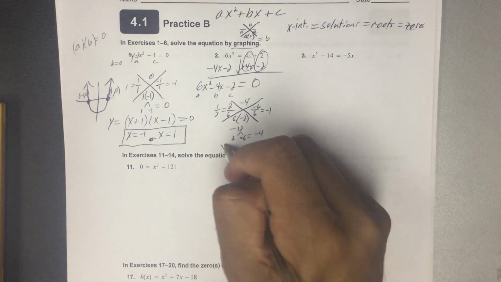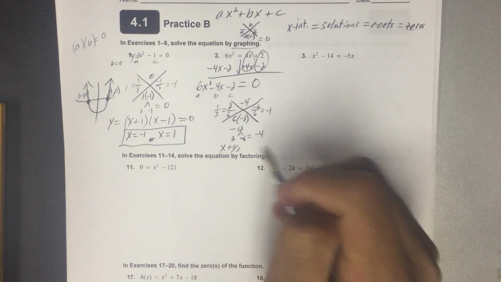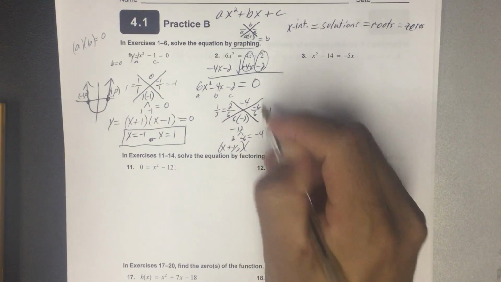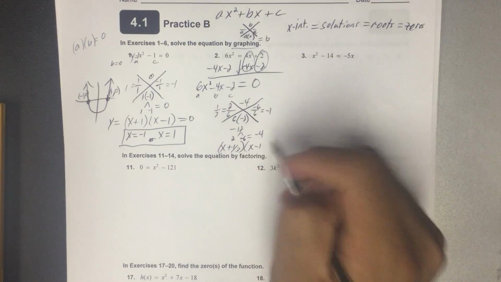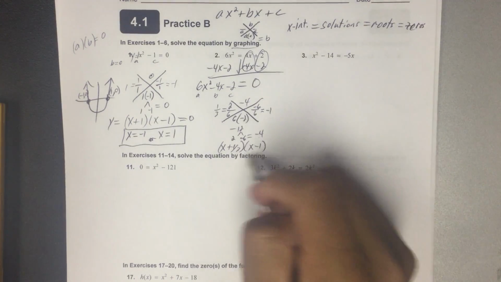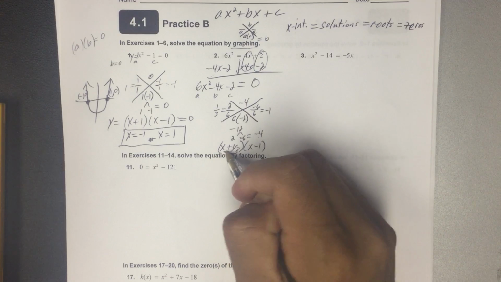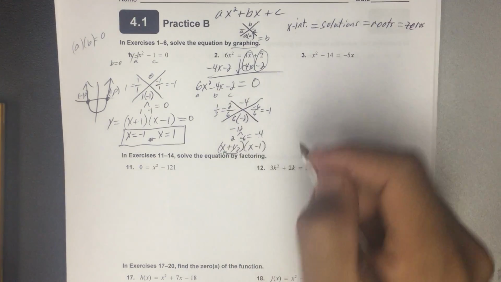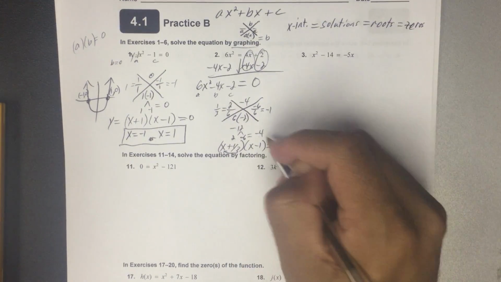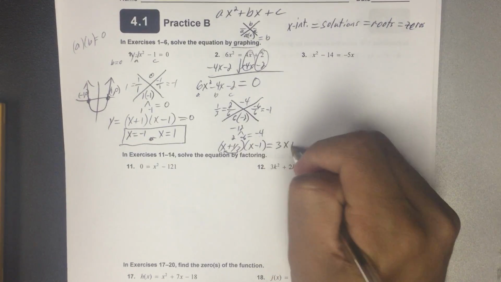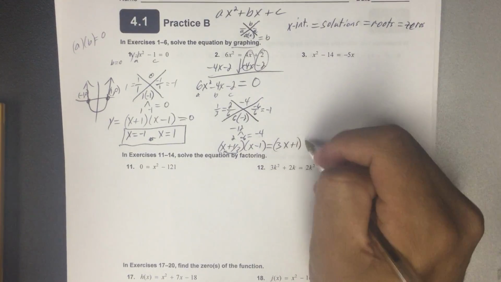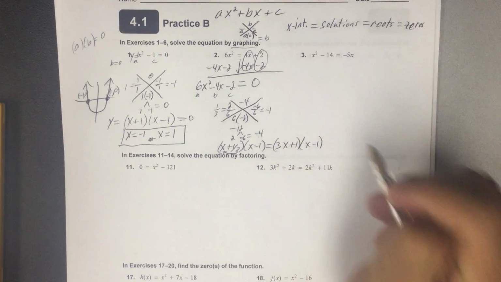And we got x plus 1 over 3 and x minus 1. But remember, if we get a fraction, we have to do the bottoms up. So we take the 3 and put it in front of the x. That's what we called it before. So this equals 3x plus 1 times x minus 1.